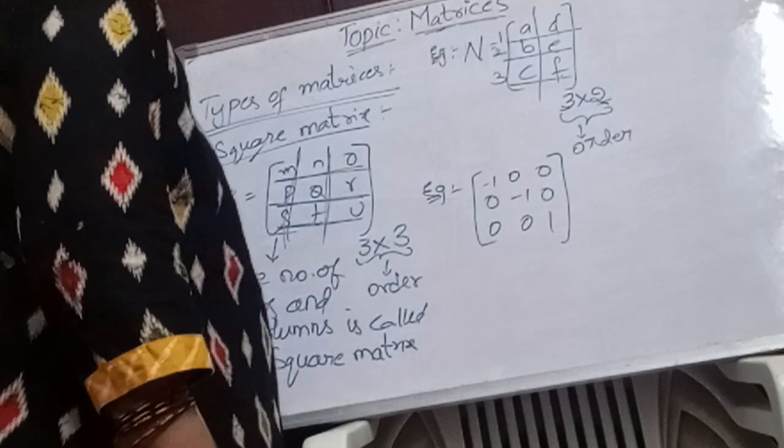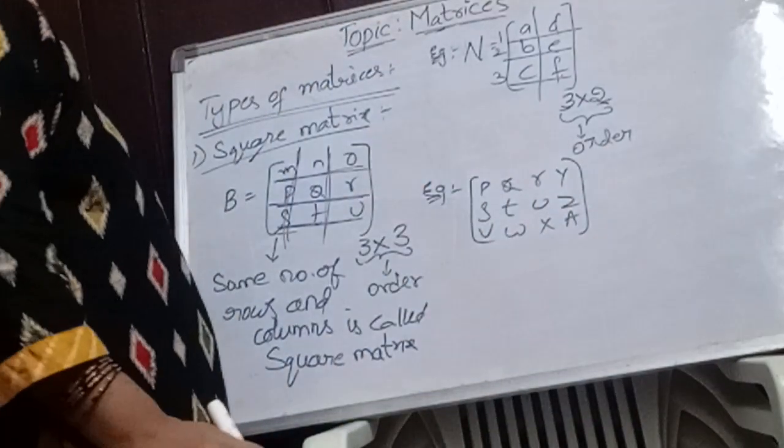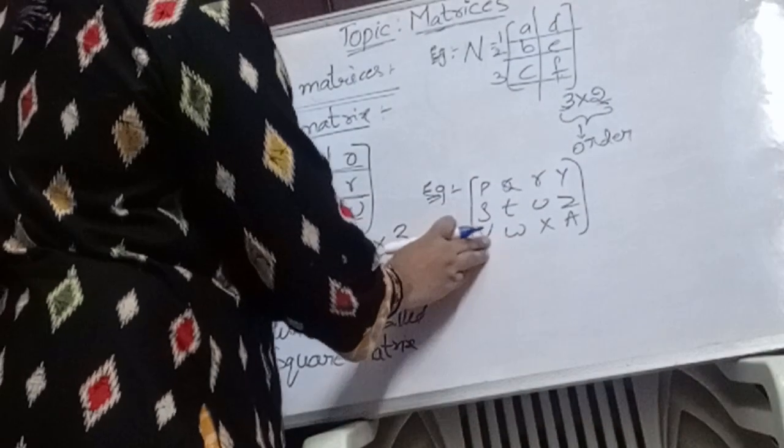Otherwise, let's take one more example, say P Q R S T U V W X Y Z A. Like this it is there.